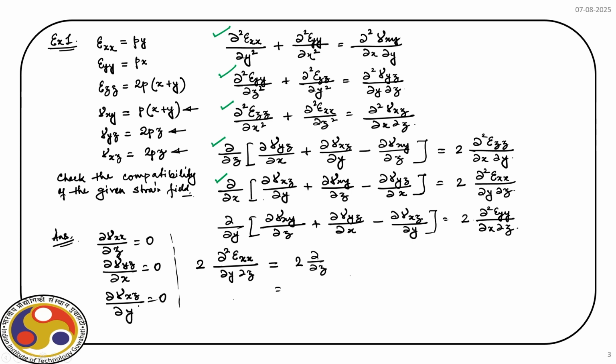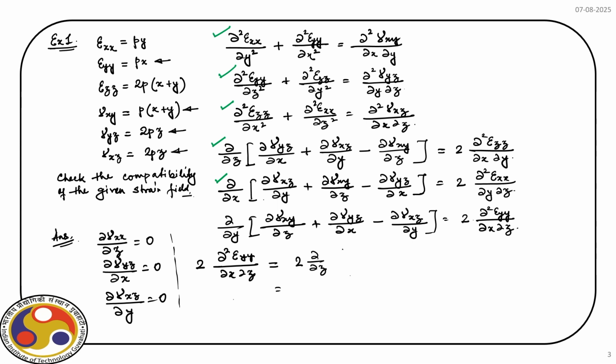So, we have 0. Now, on the right hand side, we have yy, and that we have to differentiate with respect to x and z. So, what is the expression of yy? It is here, sorry, right.